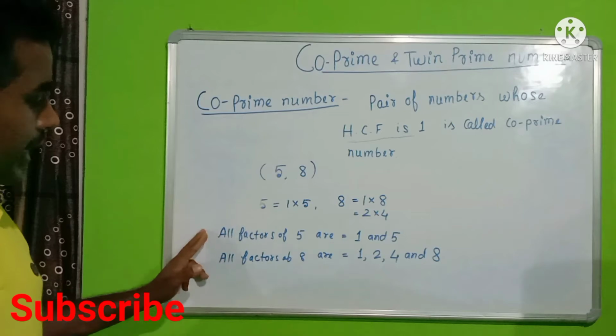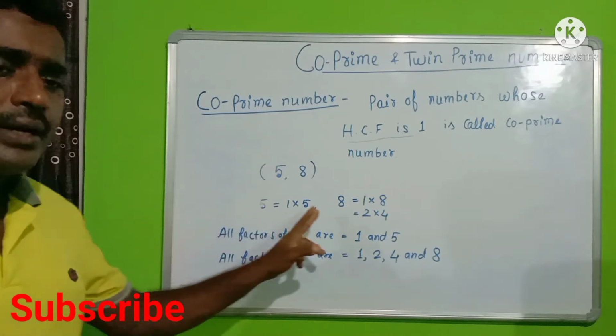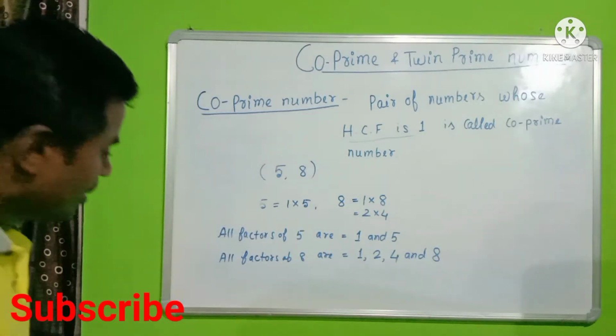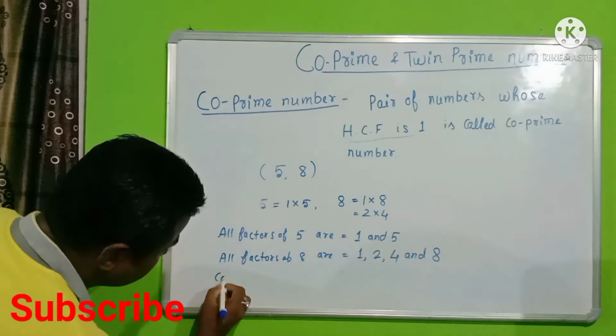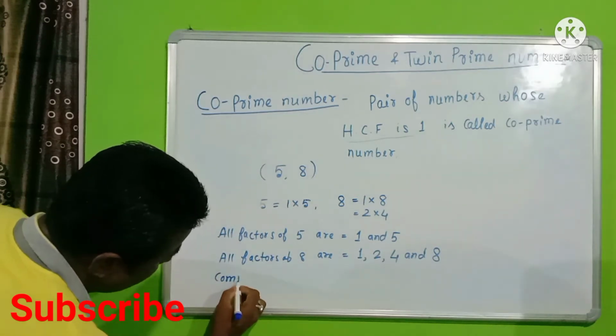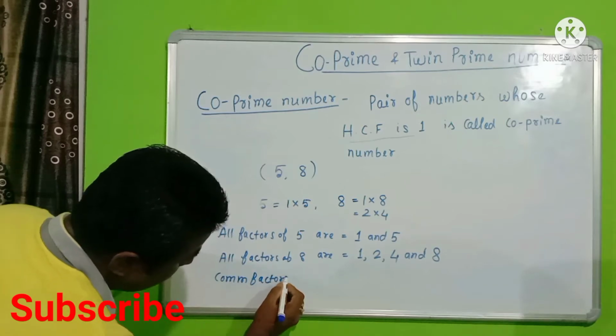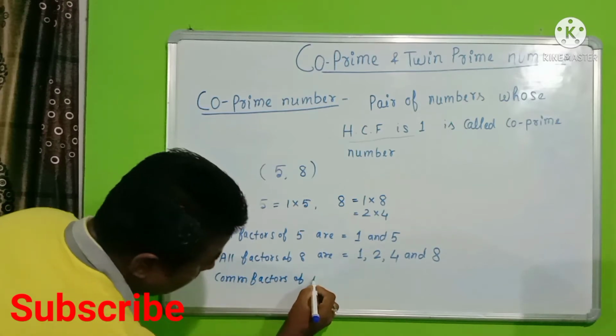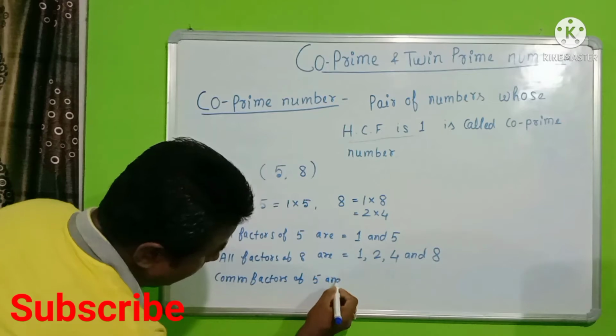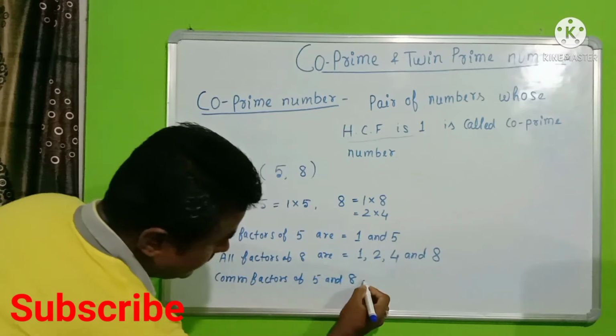So we find all the factors of 5 and 8. Then common factors of 5 and 8.